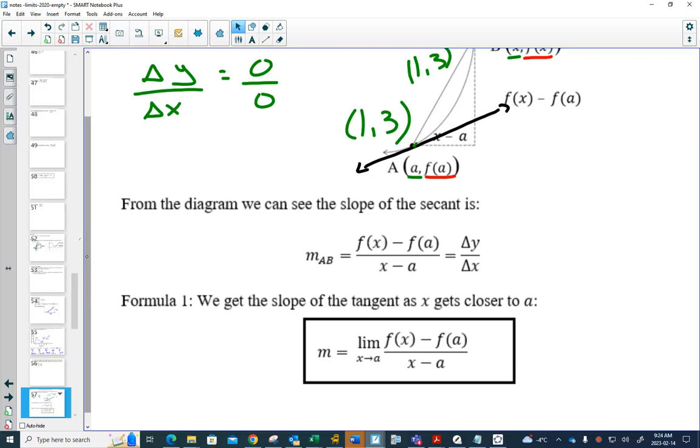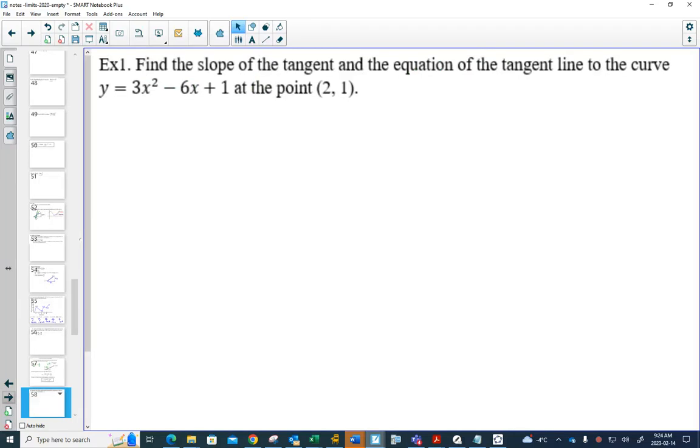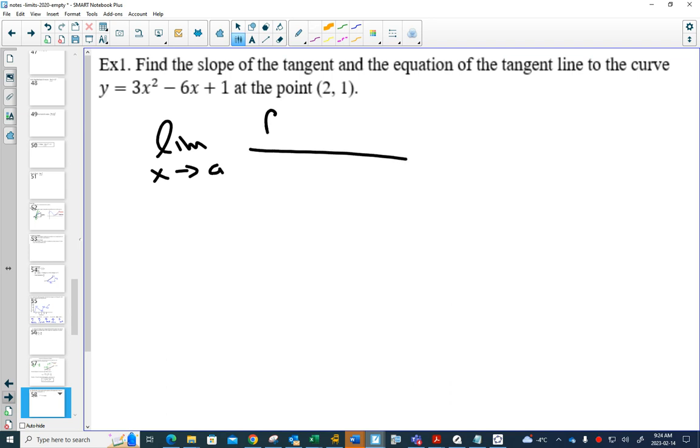So we're going to use this formula to figure out the slope of the tangent to this parabola at (2, 1). So I'll rewrite the formula out. The limit as x gets close to A, your change in y would be f of x minus f of a, and your change in x would be x minus a.